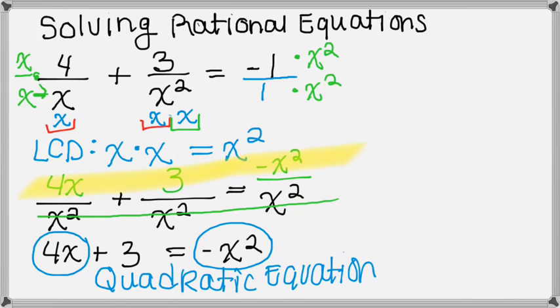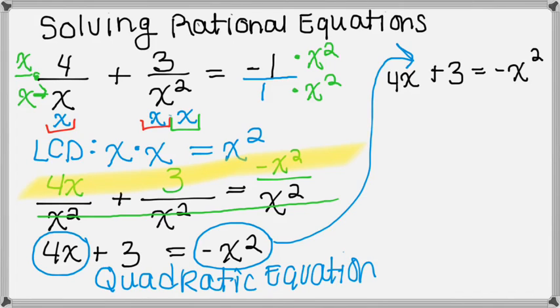The two most common would be, one would be factoring. You need to get 0 on one side and factor the other. And the other would be the quadratic formula, which still you need to get 0 on one side, and then you plug your values into the quadratic formula. You rewrite our equation here, 4x plus 3 is equal to negative x squared.